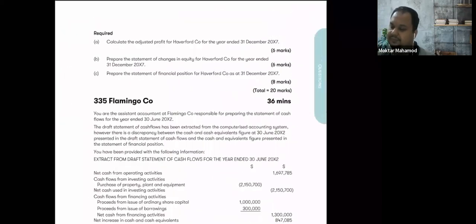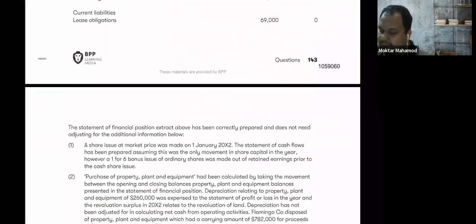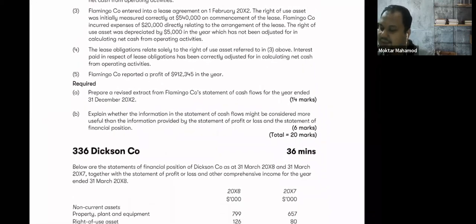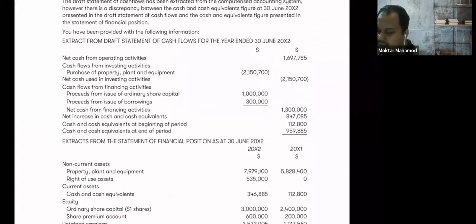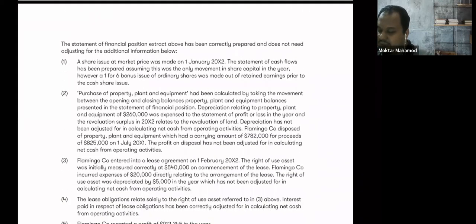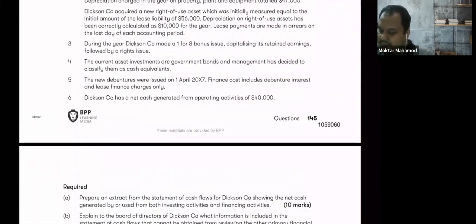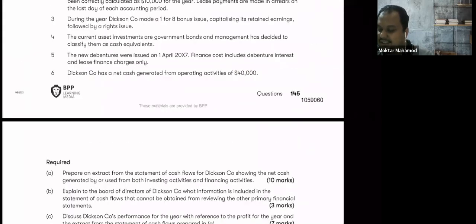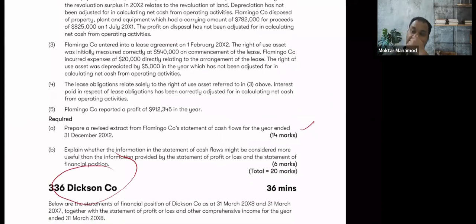So Flamingo company. Revise extract statement of cash flow. Maksudnya yang ini lebih kepada apa ni? Which is not unadjusted lah, not based on the additional information yang bawah ni. So buat, I think 2 soalan cukup lah. Memang 2 soalan tu je ada. So Flamingo and Dixon. Okay.